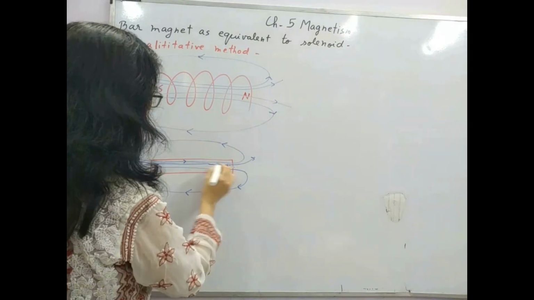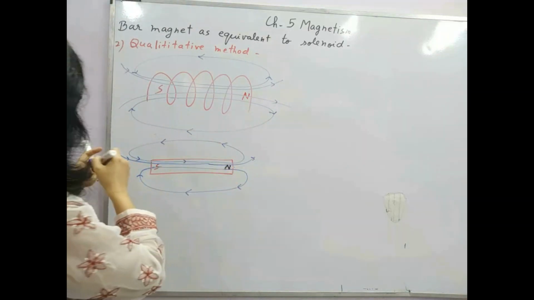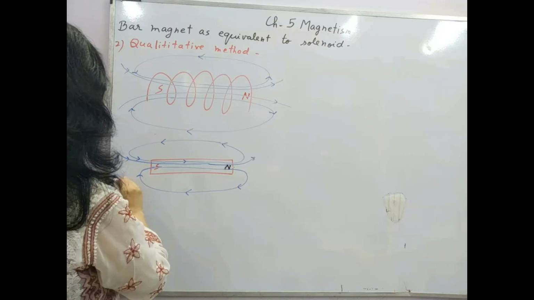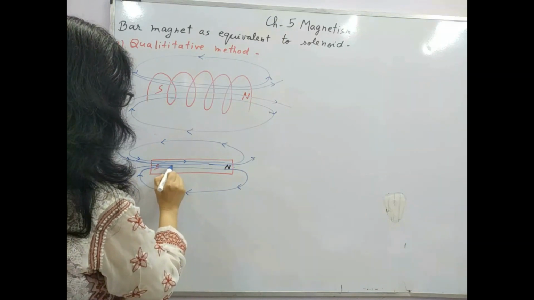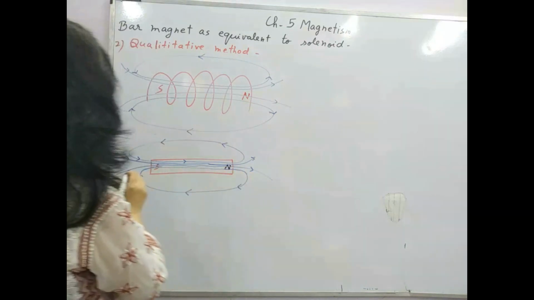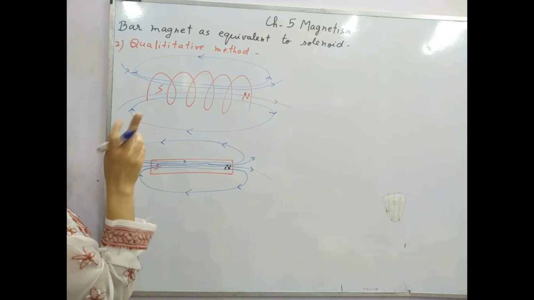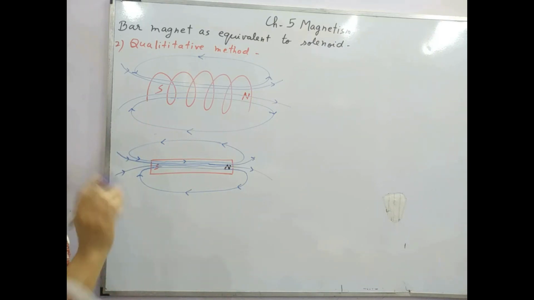So this shows qualitatively that the bar magnet and the solenoid are equivalent.